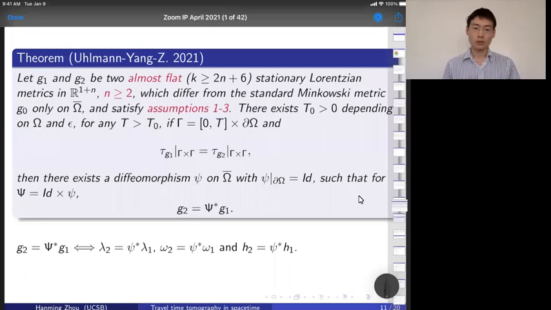As you see, if you increase the dimension n, then this index K will also become large. And here our n is bigger than or equal to 2. Again, we assume that these two metrics G1, G2 differ from the standard Minkowski metric only on the cylindrical domain, and they satisfy conditions 1, 2, 3.